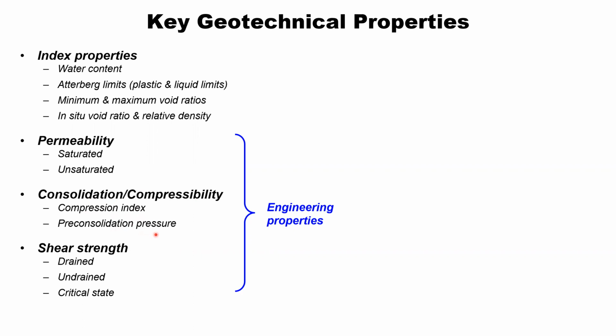We'll talk a little bit more about this one because this relates to that settlement behavior that we would expect to see during the consolidation phase as this material transitions from a slurry to a solid and becomes more and more solid as we pile more material on top of it. And lastly, perhaps the most important one for tailings facilities is shear strength. And we'll talk a little bit about drained shear strength, undrained shear strength, and critical state shear strength.